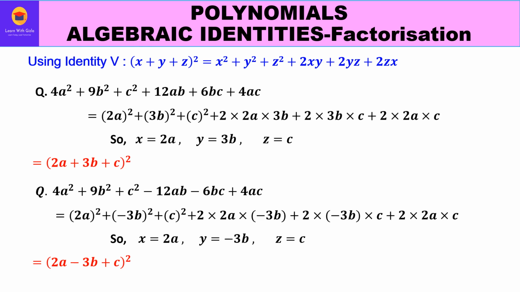Now let us learn how to use identity 5 in factorizing quadratic polynomials having 6 terms. Like in this question which I have taken, there are 6 terms. So how to use identity 5 in solving them? Over here identity 5 says that whenever you have two factors like x plus y plus z into x plus y plus z, that is a trinomial, right? Then the product is x square plus y square plus z square plus 2xy plus 2yz plus 2zx, or xz we can write.